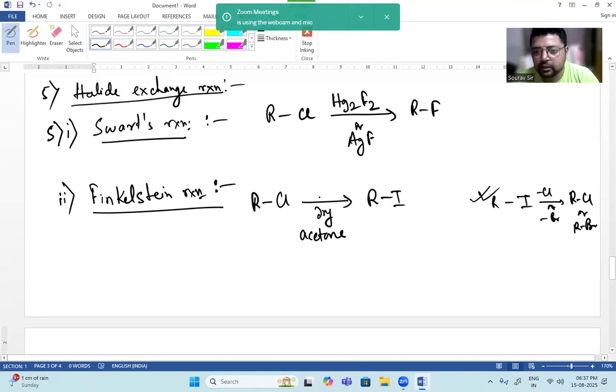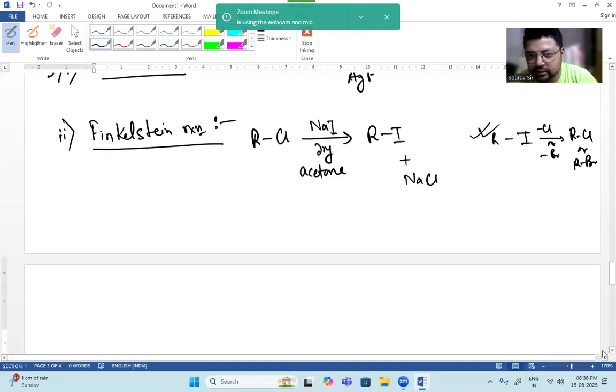After that we will use the salt NaI. NaI in dry acetone will remain stagnant. RCl will break, Cl minus will attack Na plus and form NaCl, which will leave I minus behind. I minus and R plus will come together and form this bond to give you this product. So this is what Finkelstein has in it.